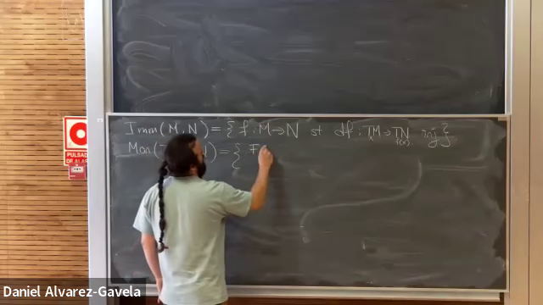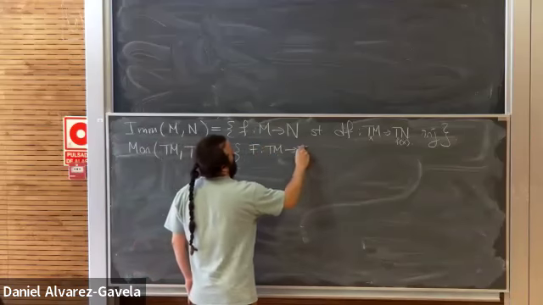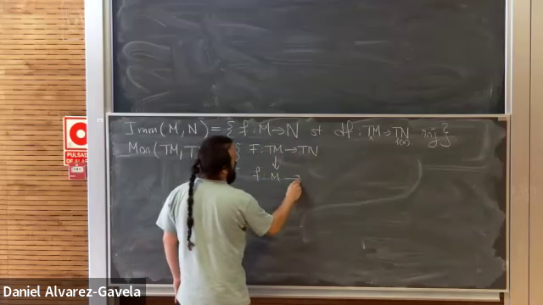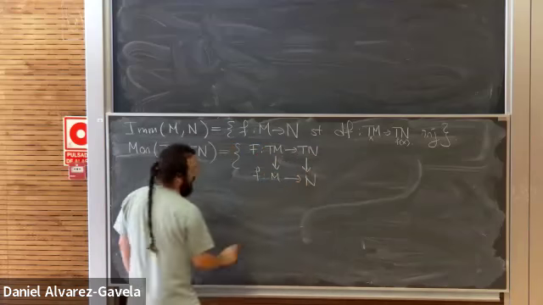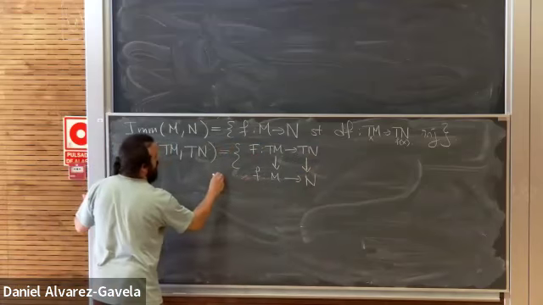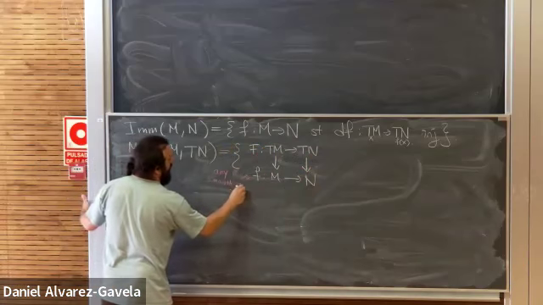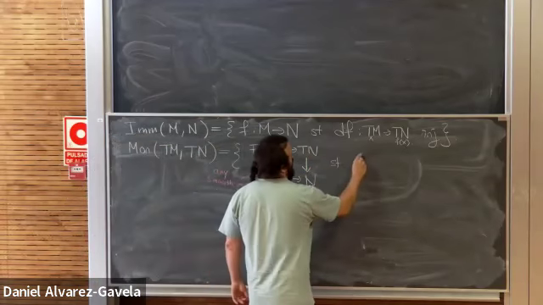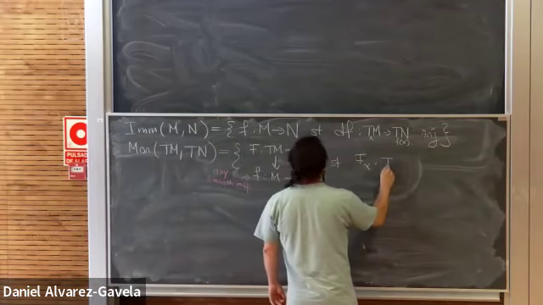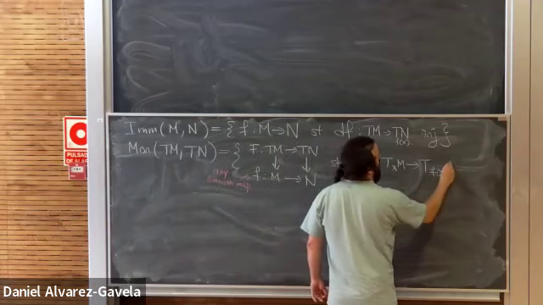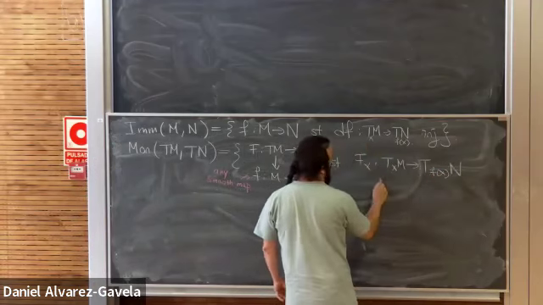So this consists of some bundle map covering any smooth map. So let me emphasize that this is any smooth map. Such that, again, the collection of fiber-wise linear maps is injective.